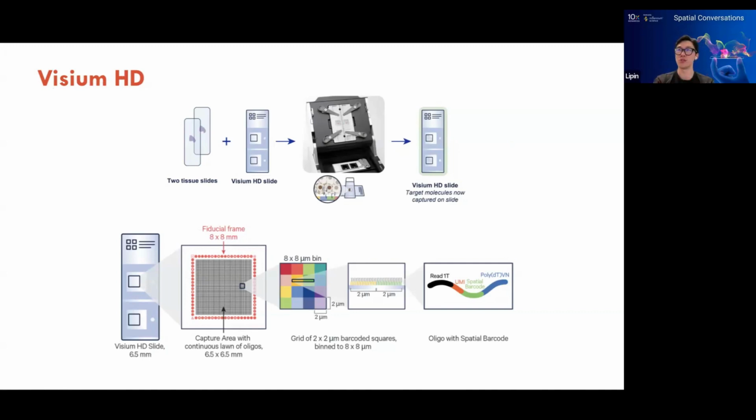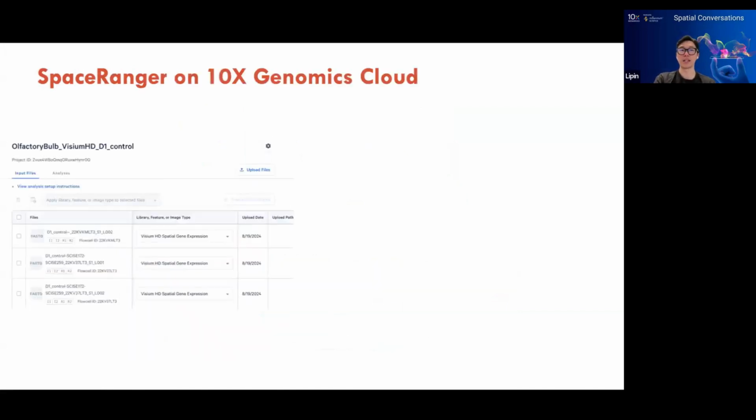You prepare a library, you introduce index sequences, and then you sequence it with NGS. And then when you get it back, in the past, we would have to go onto our HPC at the university and do alignment, and after alignment, you pull that off and do the downstream workflow on your computer.